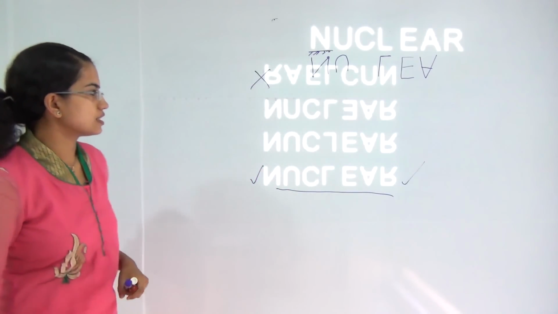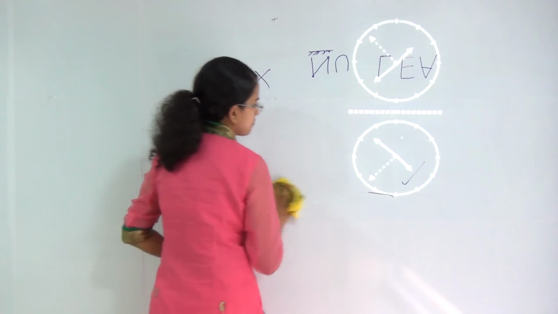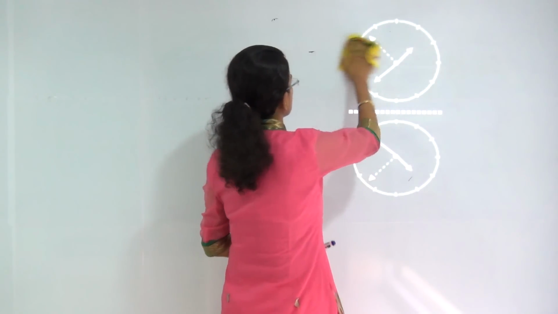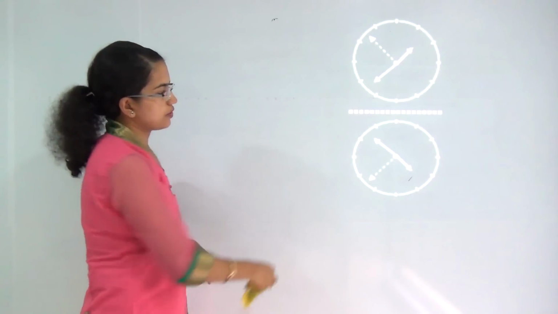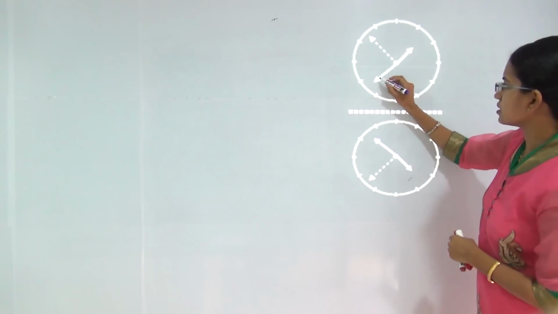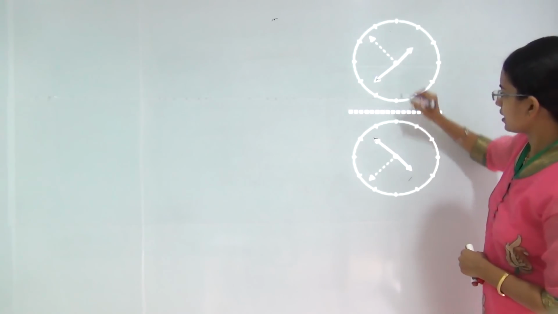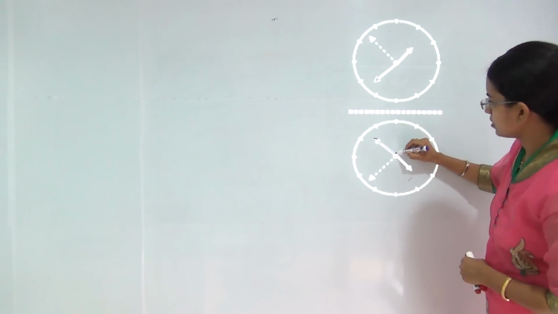Now, the last question is again of a clock in a horizontal plane or a horizontal reflecting surface. So here you have the reflecting surface. What is closest remains the closest here. So this point which is closest would become the closest here, and then it would move towards the center.